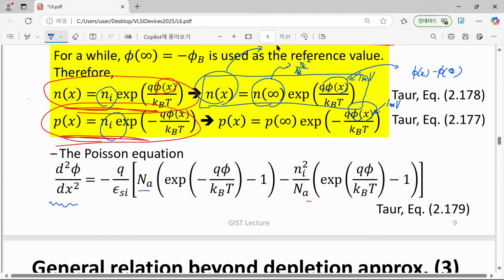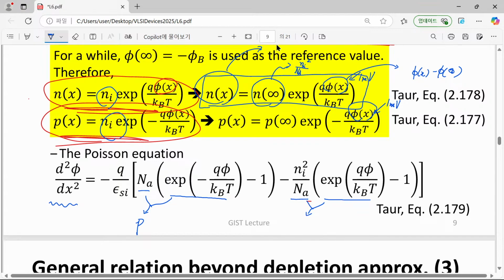Na times exponential of minus phi, our electrostatic potential. What is it? This corresponds to the hole density. And here you can see another factor, Ni squared divided by Na times exponential of positive phi. What is it?